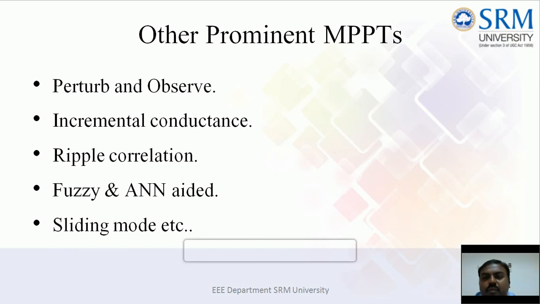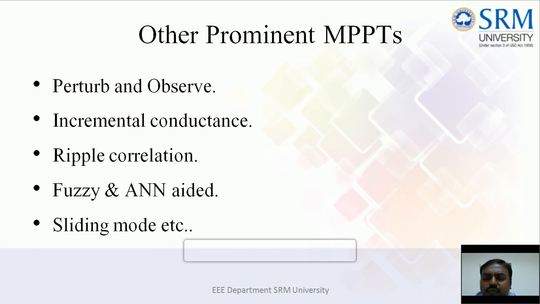Other prominent MPPT algorithms are there. Perturb and Observe, which is very attractive and has been used widely. Next is a computational algorithm called incremental conductance, and ripple correlation. You can implement AI-aided, artificial intelligence aided MPPT algorithms like fuzzy and ANN, and of course more.